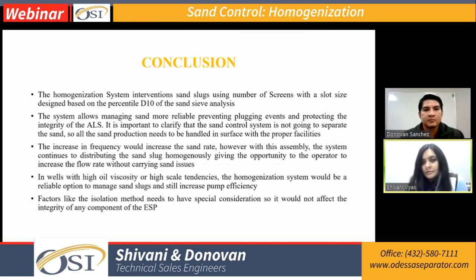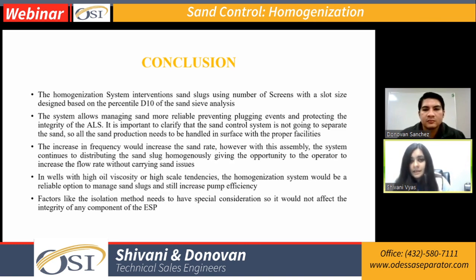Just to conclude, whenever anybody says that we're going to filter out 100% of the sand problems, we cannot do that. That's a lie. What we can do is distribute evenly and size accordingly so the fluid is homogenized. We can calculate the downward fluid velocities and the pressure drops so we do not have plugging at the intake of the pump.